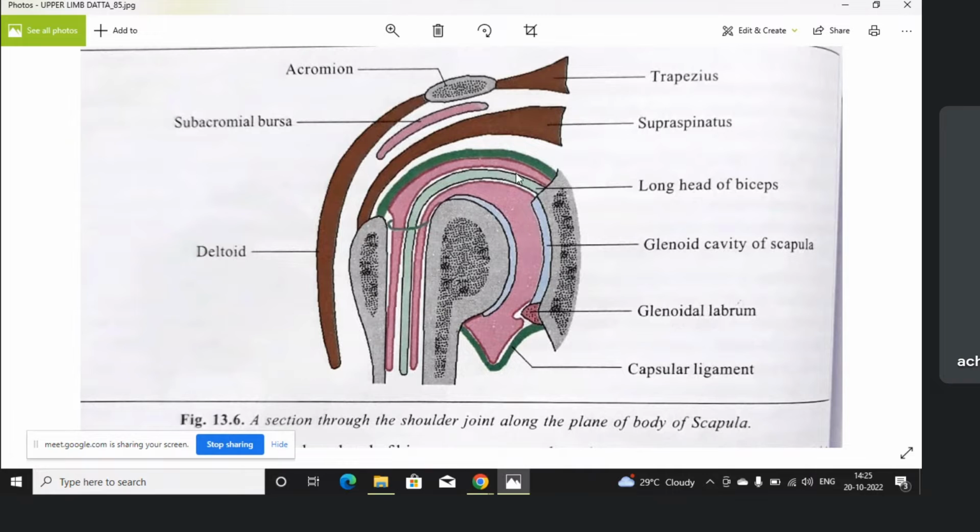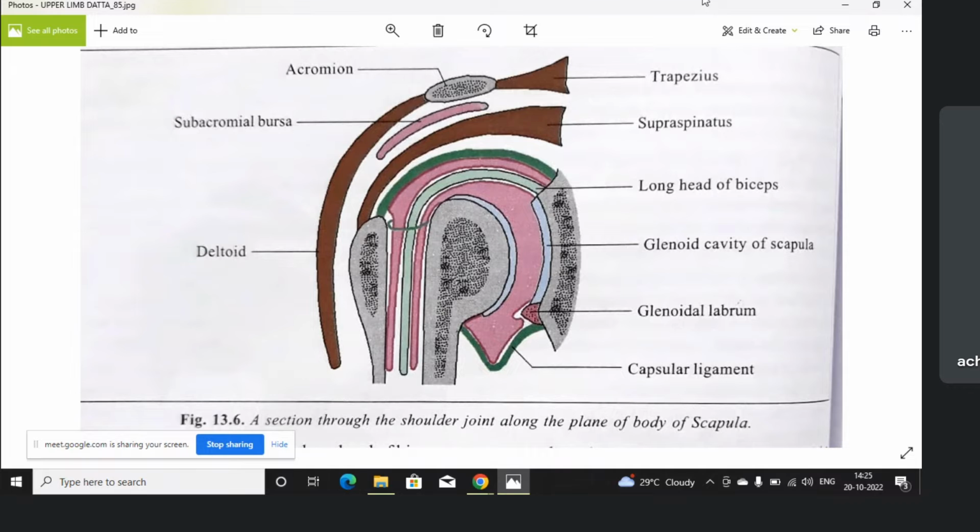Next, head of the humerus. The head of the humerus is directed superomedially.